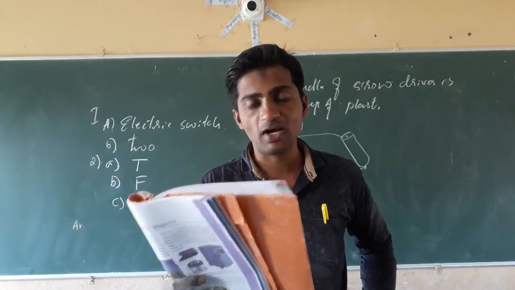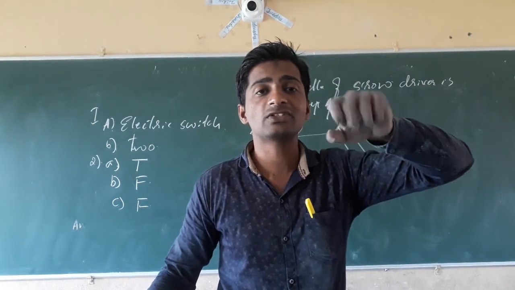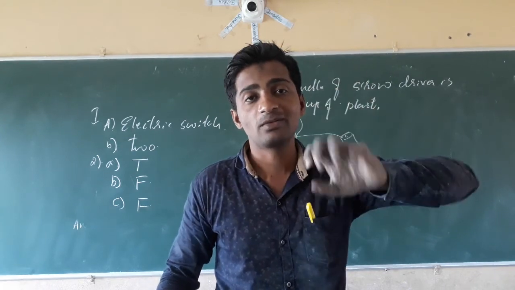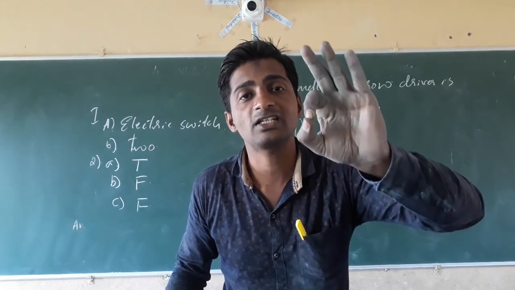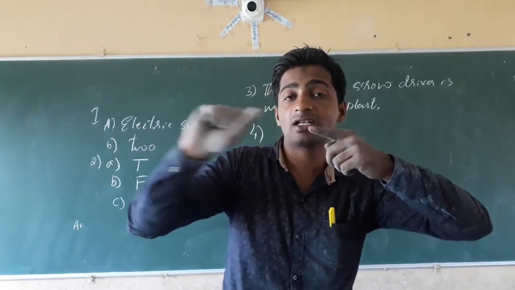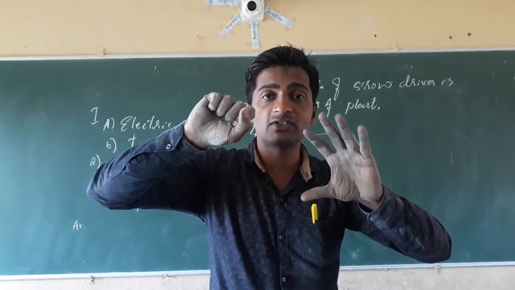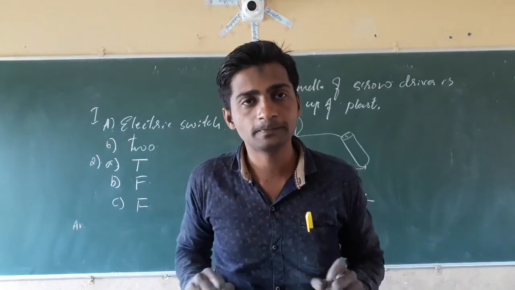Can you explain why the handles of the screwdrivers are made of plastic or rubber? Because plastics and rubbers are insulating materials that will not allow the electricity to pass through them. Because of that, electricians will not get electric shocks.